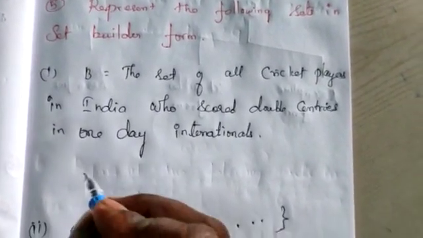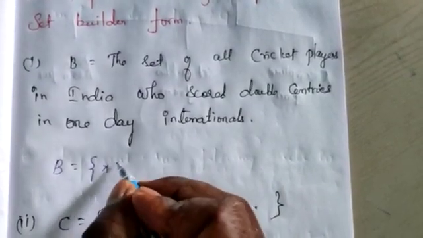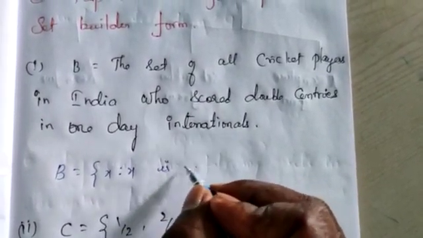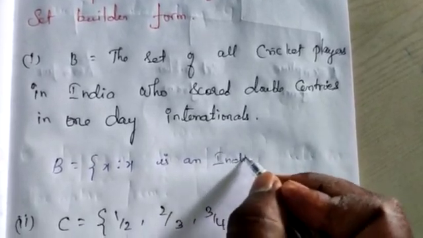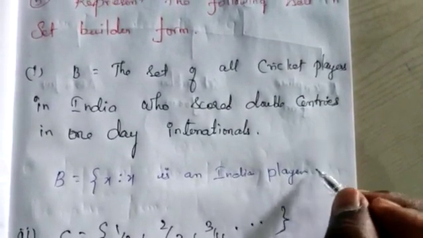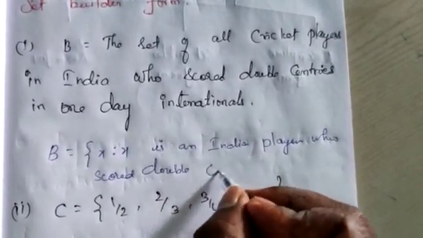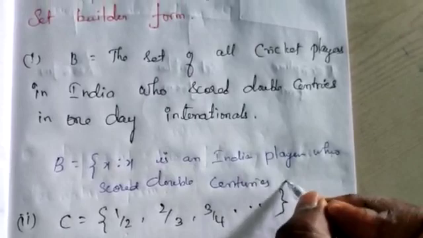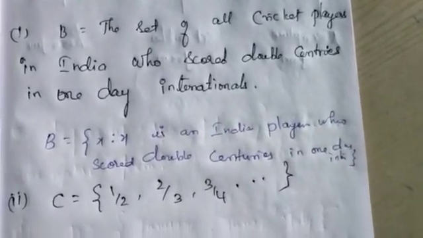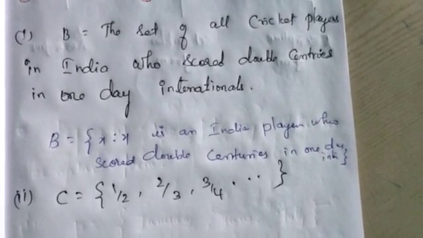We construct the set using the flower bracket: x such that x is an Indian player who scored double centuries in one day internationals.